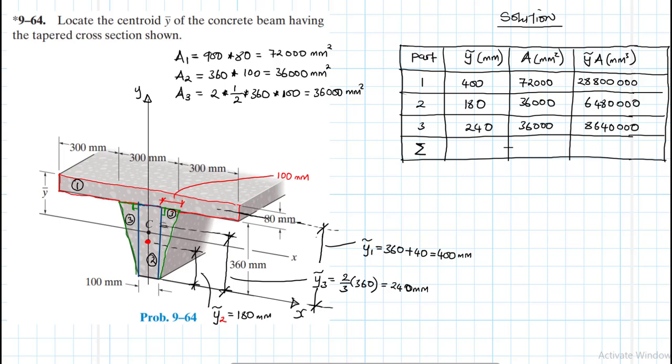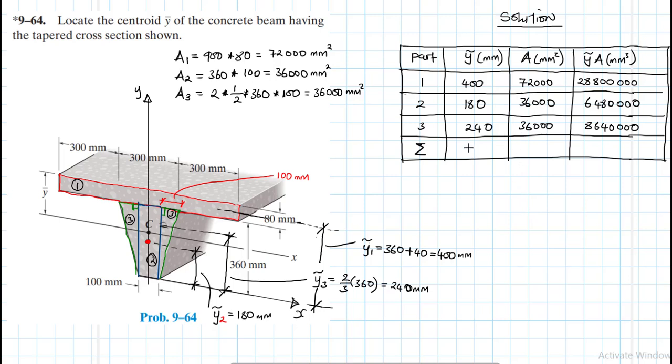Let me check them. 400 by 72,000 is 28,800,000. Okay, that's fine. Then 180 by 36,000 is 6,480,000. Then 240 by 36,000 is 8,640,000. Great. Let's add up these.